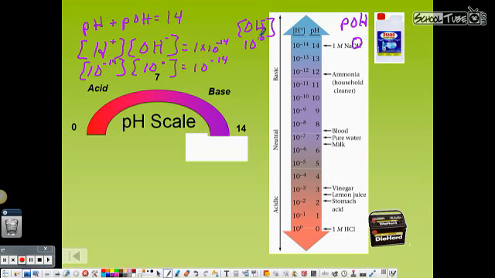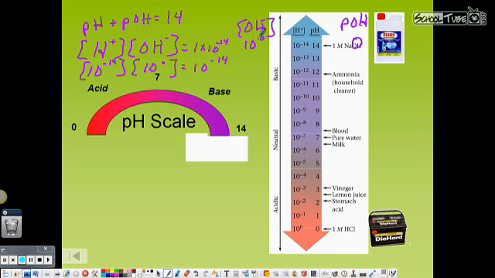So we have a pH of 14, which is very basic, and we only use pH for fairly dilute solutions. We don't use it for those concentrated acids back there, because then the pH is negative something. So these are for fairly dilute acids, not strong acids.